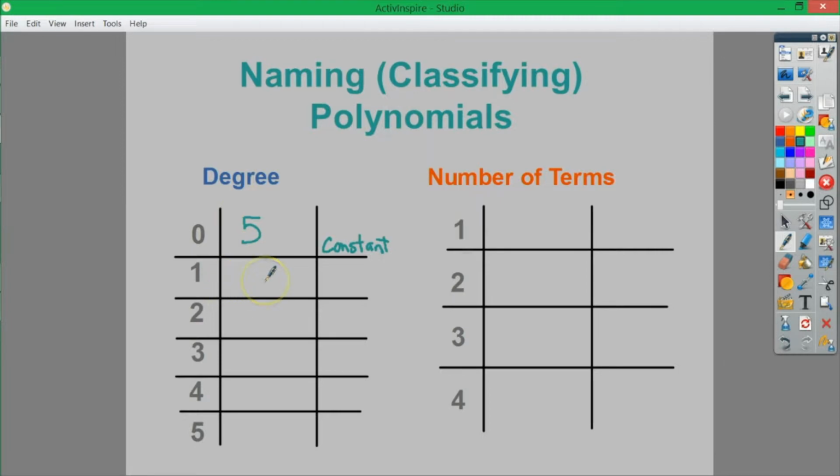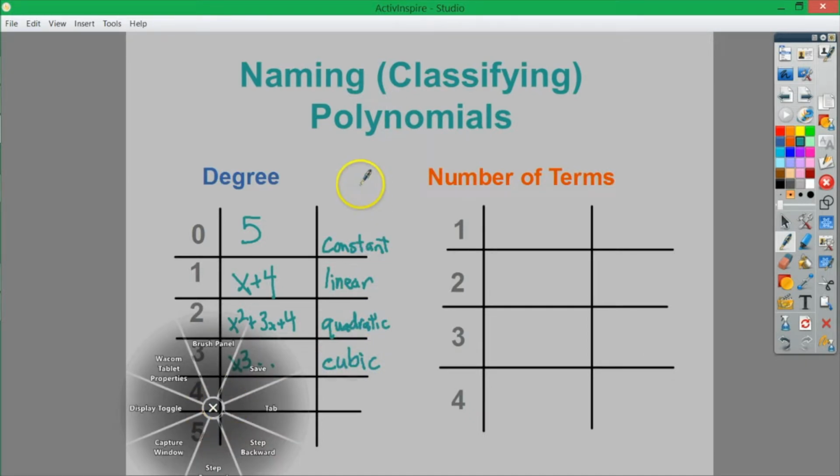If I have an x to the first power scenario, and that's the largest one that's there, I'm going to say it's linear. If I have x squared involved, I'm going to start looking at that as a quadratic. If I have x to the third and some other stuff, dot, dot, dot, plus minus, as long as x to the third is the most, I'm going to say that it's cubic.